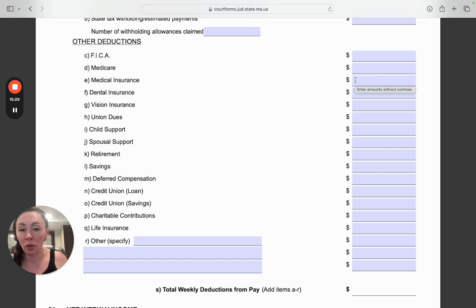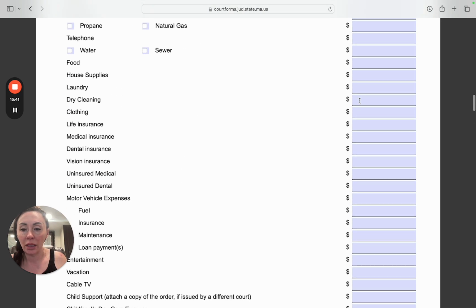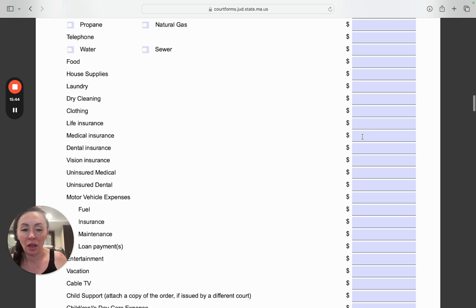So it comes out of their paycheck, and there's a line item for the medical insurance on the pay stub. Make sure that you're not reporting it here on line E and down here in this other section, because that's confusing and it's going to sort of screw everything up. It's really one or the other.